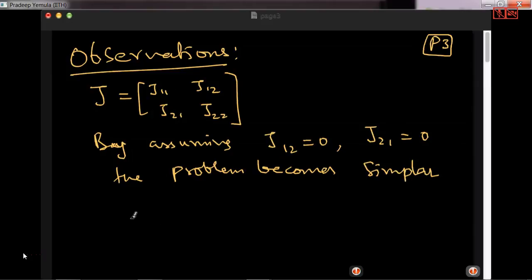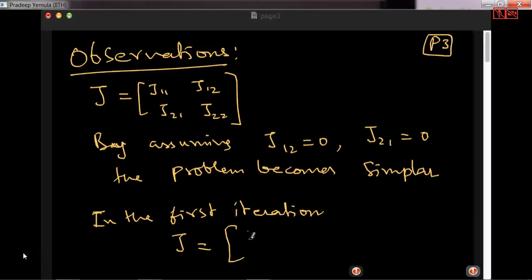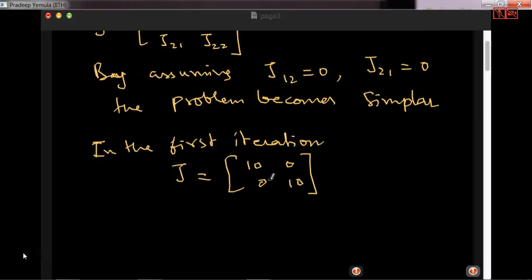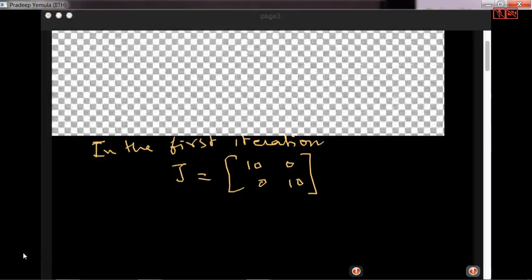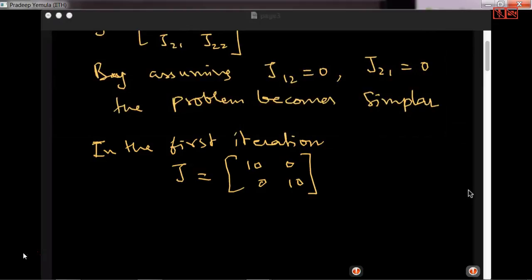Now, in fact, if you look at the initial J in the first iteration, what is our J? We actually got 10, 0, 0, 10. Let me just quickly refer to what we got in the first iteration. Yeah, so 10, 0, 0, 10. If I just go by this, then it will be even better.